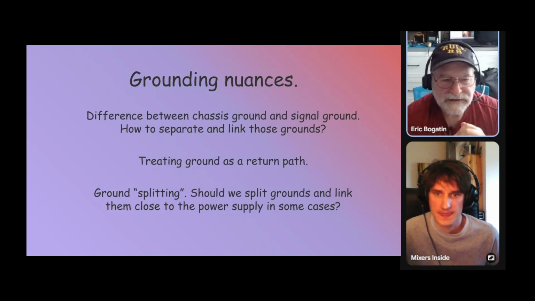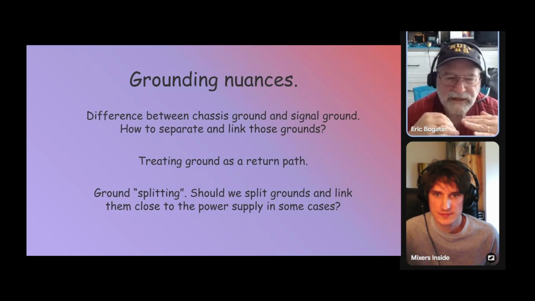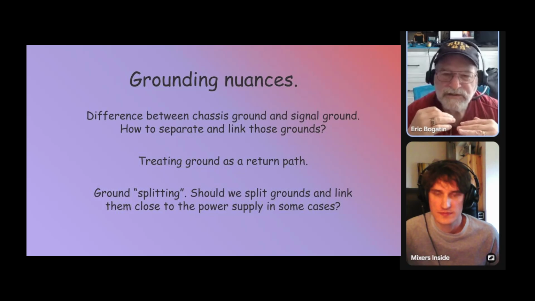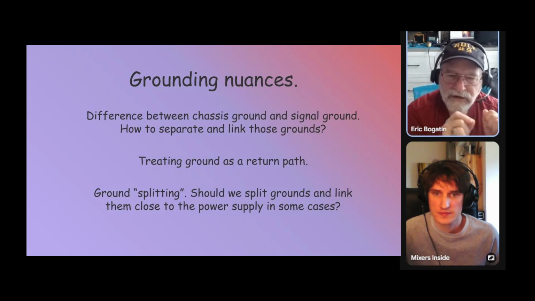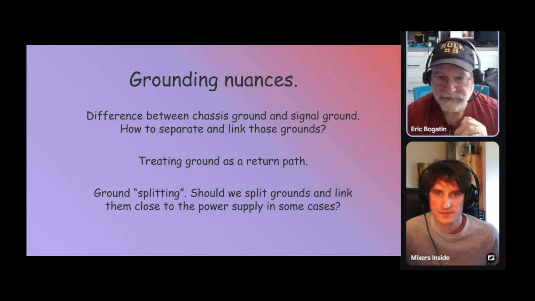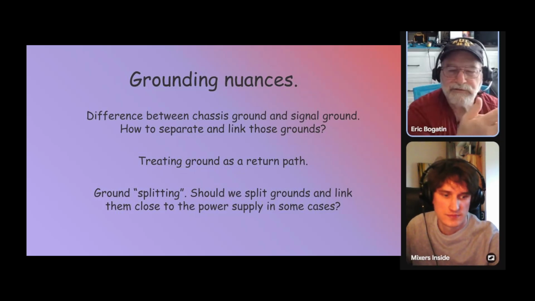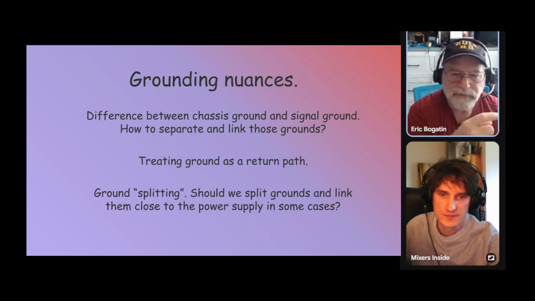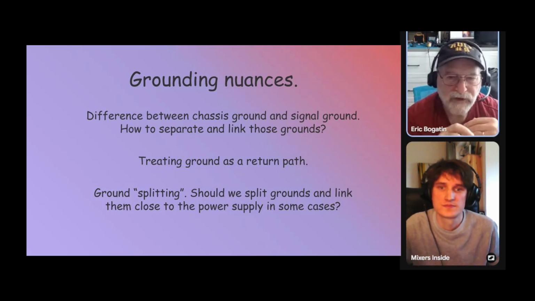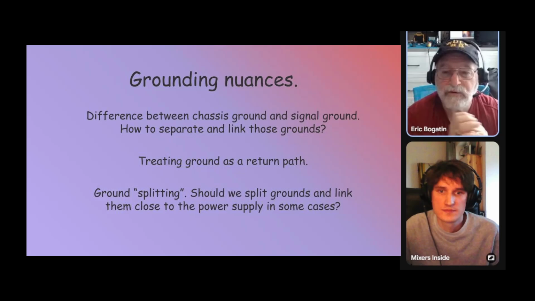The challenge is that when we design the interconnect in the board, we're assuming in the schematic that every node labeled as circuit ground is the same voltage. There's no voltage difference. So when a device senses a voltage between an input and the circuit ground, we're assuming that circuit ground is the same everywhere.